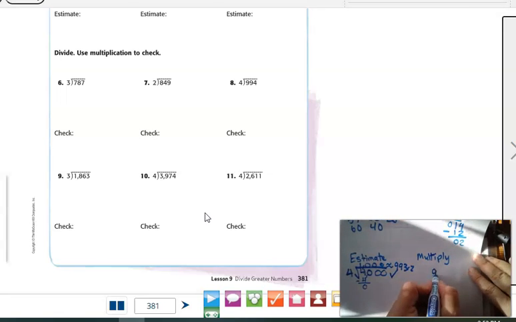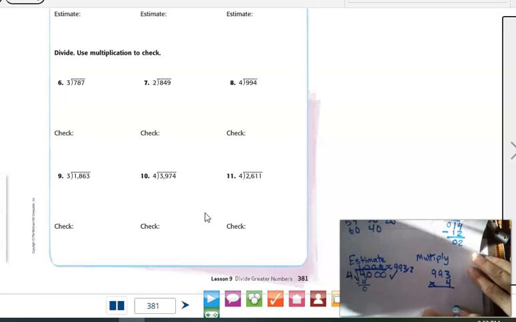I can take 993 times 4, and then I'm going to add in 2 when I get my answer.